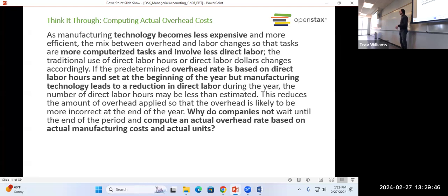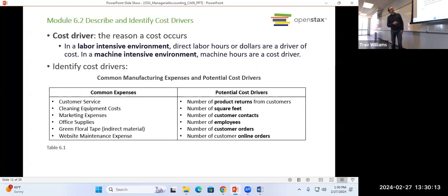And wouldn't you think the managers in each department want to have an idea of what their costs are, right? So that's why we have to estimate our overhead, apply it using our rate, and then at the end of the period, look back and make any adjustments based on what our actual overhead costs were, right? We had the estimated overhead, applied overhead, and actual overhead. Okay, so good.